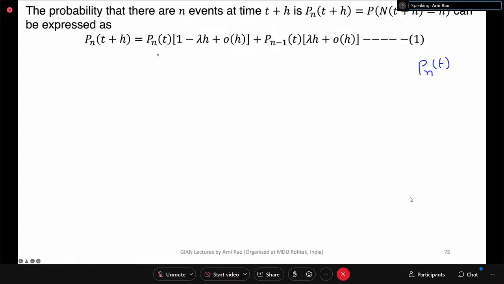This can be expressed as follows, so follow this step carefully. The probability that there are n patients at time t+h equals the probability that there are n events up to time t and no event in the interval h, which has probability 1 minus lambda h plus order of h. Plus means or.